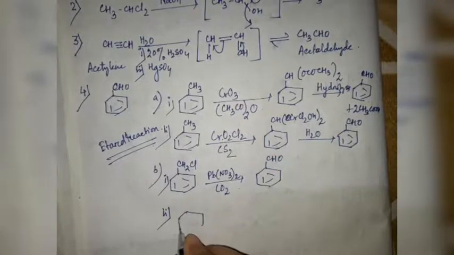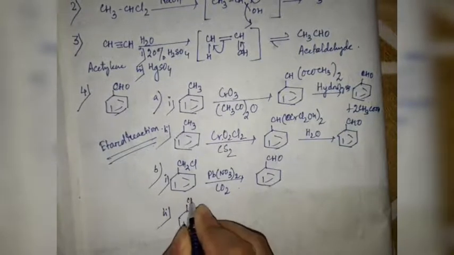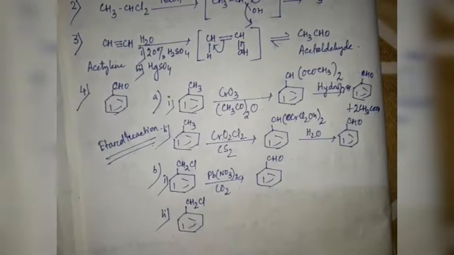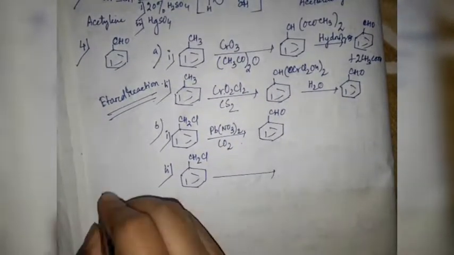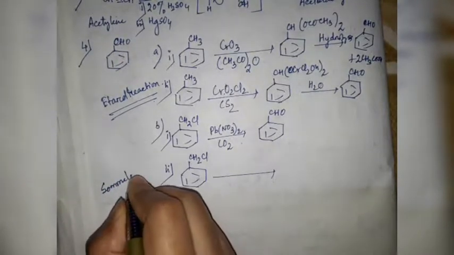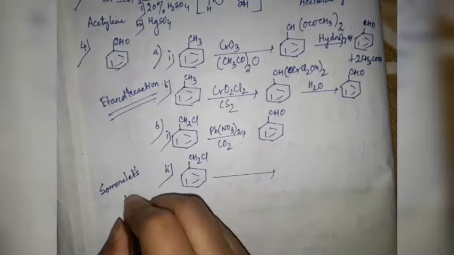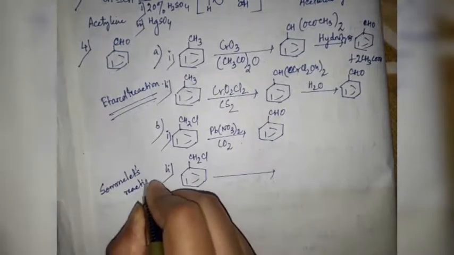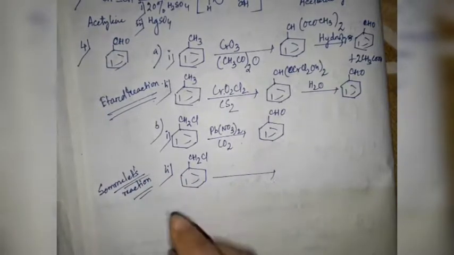Another method is also possible by which we can produce benzaldehyde from benzyl chloride, by a name reaction which is known as Sommelet reaction. What happens in this reaction?